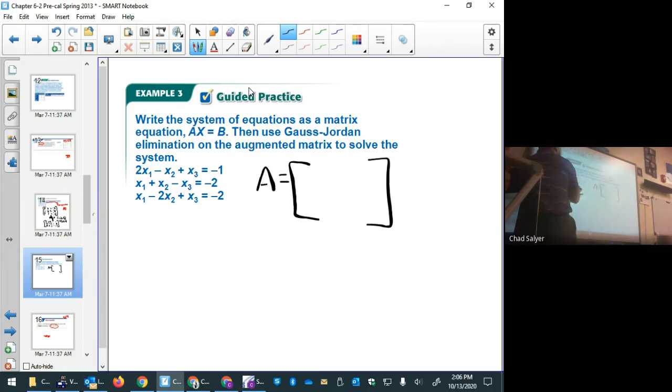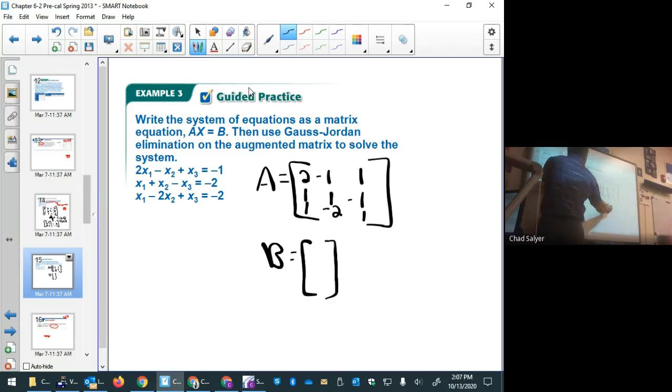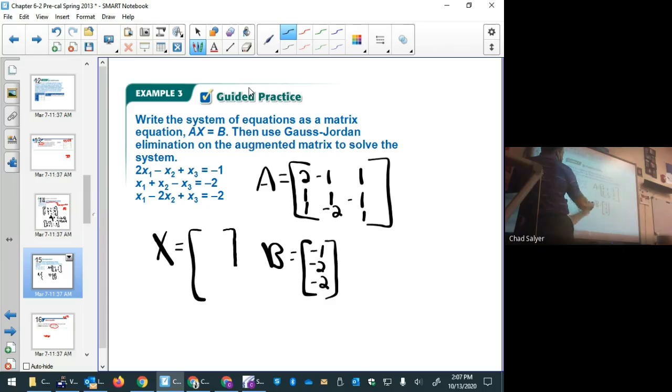So we're just worried about the coefficients of our variables. And then B is that solution column over here. And then X is just a list of our variables in a single column, like so.